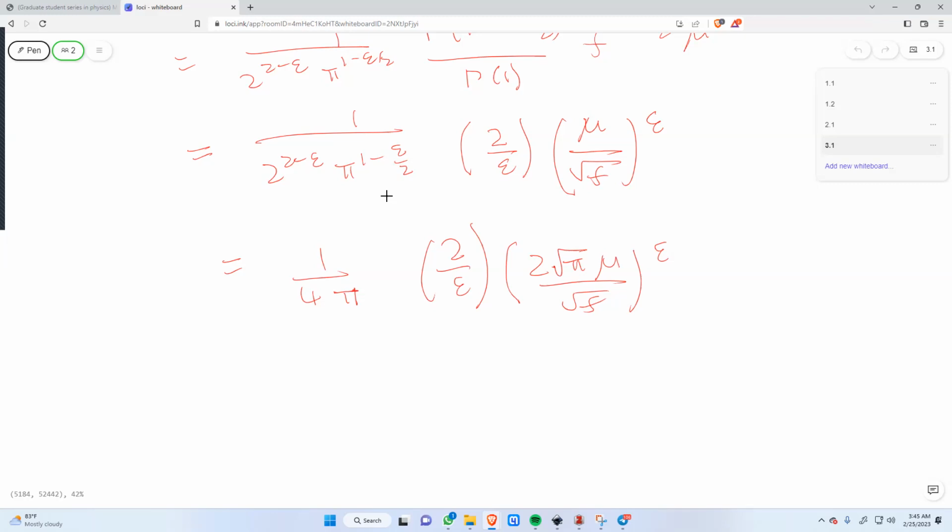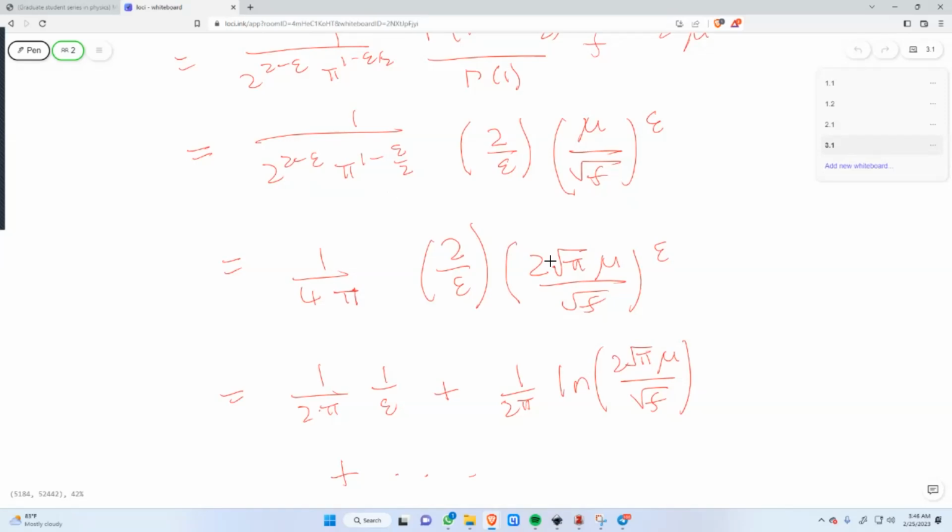You can write this out further, and then you get 4 pi over 1, 2 pi, 1 over epsilon, plus 1 over 2 pi log of 2 square root pi mu over square root f, plus dot dot dot.